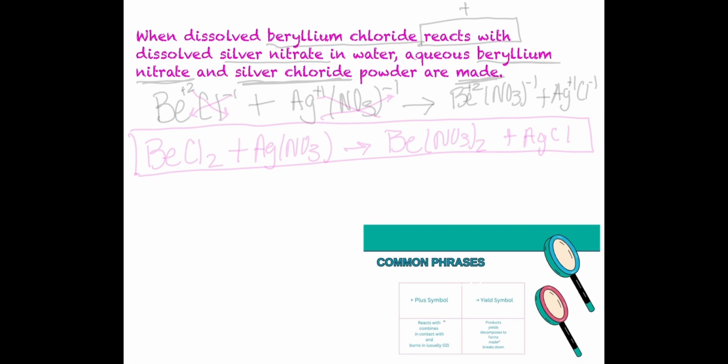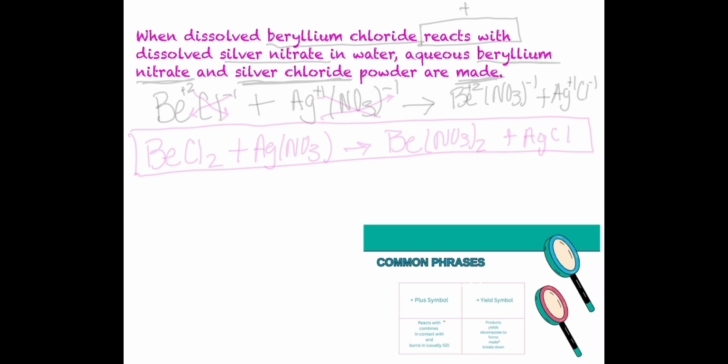Okay, so most people, you probably want to check out because you see dissolved, you see aqueous, you're probably like, what does this mean? Please do not get thrown off by these, the state in which these elements are in. That's basically all that this is telling you, okay?